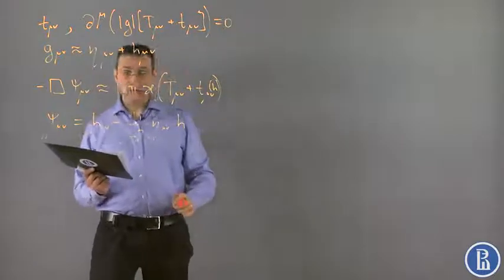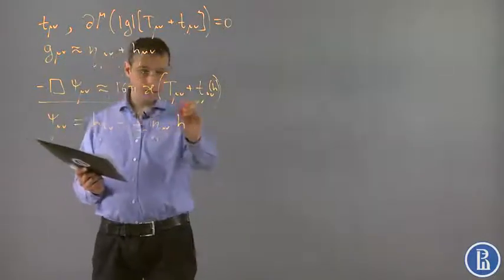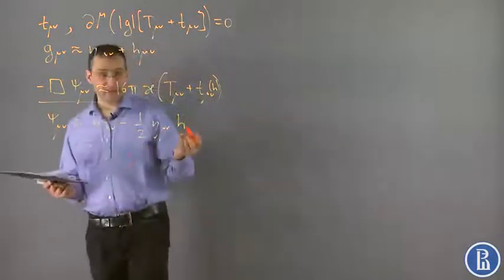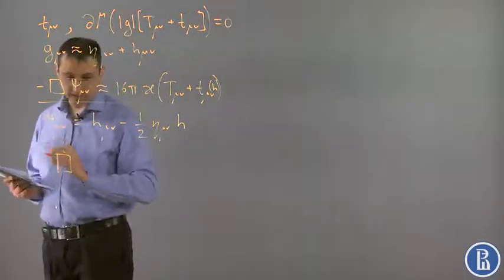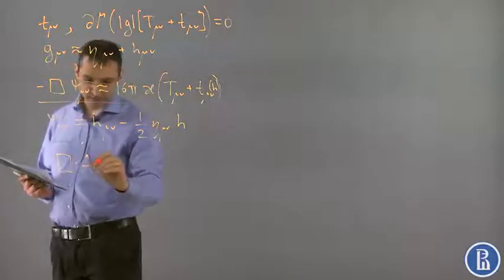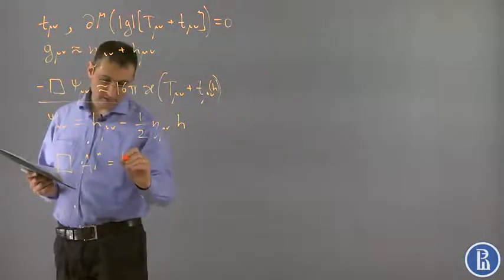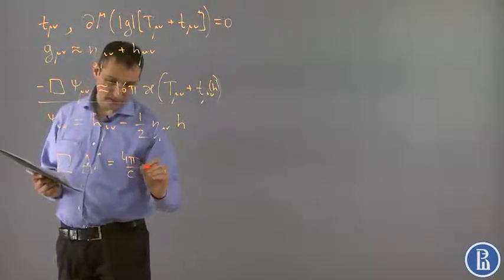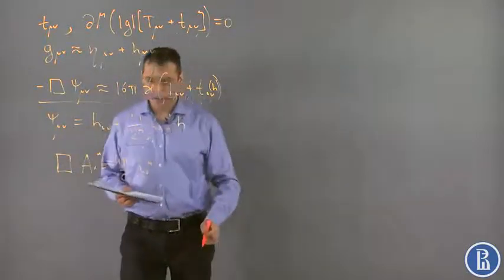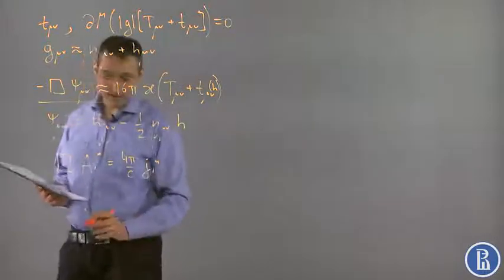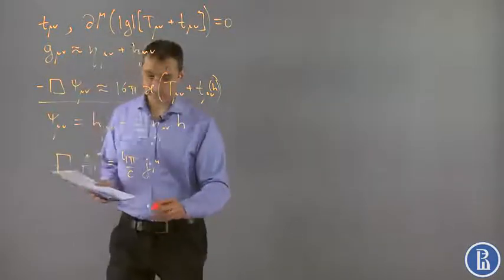So now we're going to consider this equation. This equation, in a sense, is very similar to the one we have in electromagnetism, where we have the following situation: 4π over c times j^μ in the appropriate gauge. And we want to consider free gravitational waves.